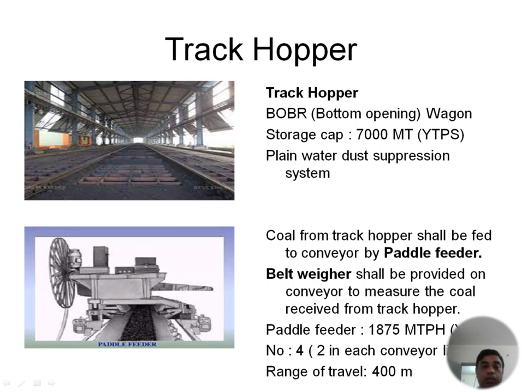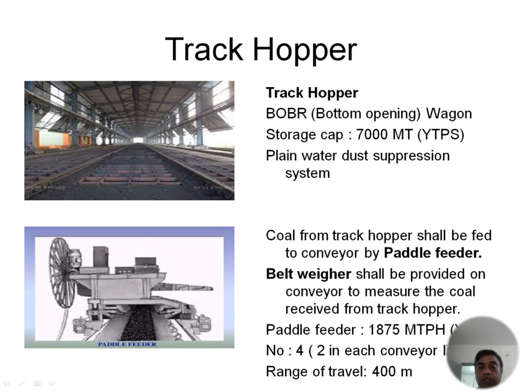Below the track hopper there will be a paddle feeder. This paddle feeder is used for taking out the coal from the hopper, and it will be fed to the conveyor. There will also be a belt weigher on the conveyor to measure the coal received from the track hopper.